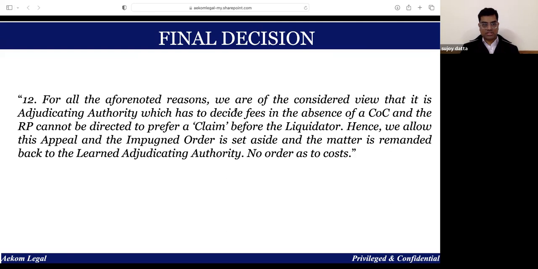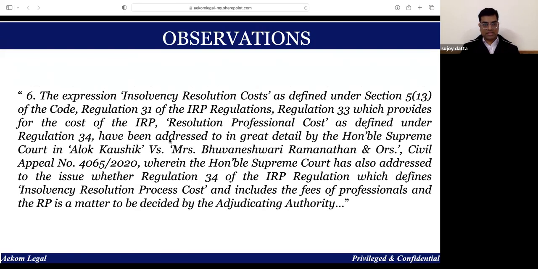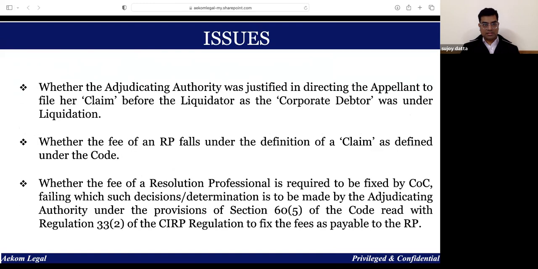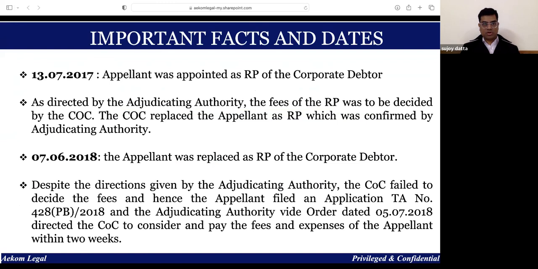In fact, you will see that the first order I've extracted is in the facts. The first order of CRP commencement was in July 2017. And the directions given were in July 2018 for the COC to consider and pay the fees.